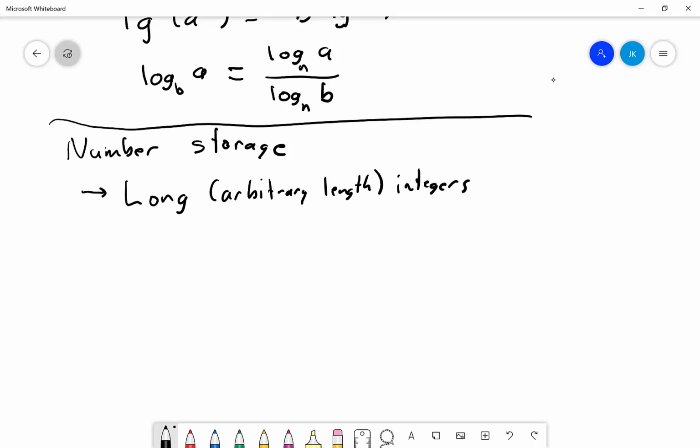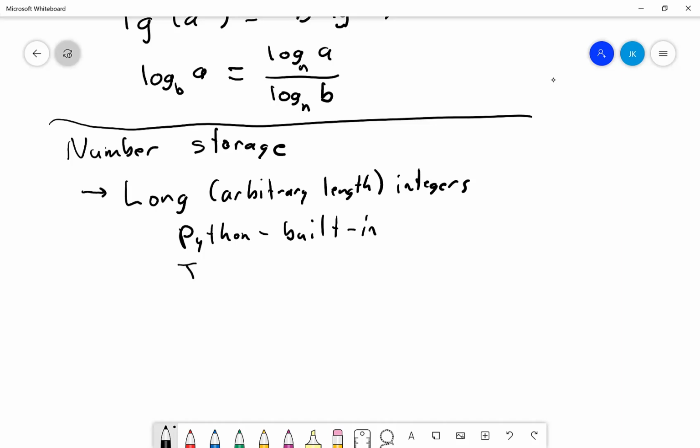And this is one of the few cases, I would say, where you have a clear advantage of Python or Java over C++. So for Python, this is automatically built in. So integers are arbitrary precision. You just keep adding digits on as many as you need.